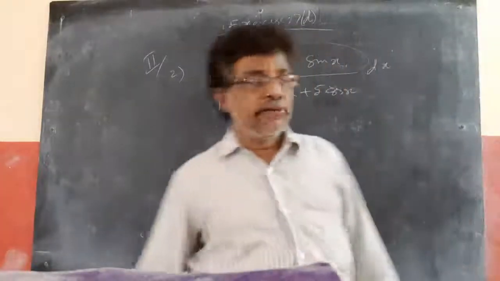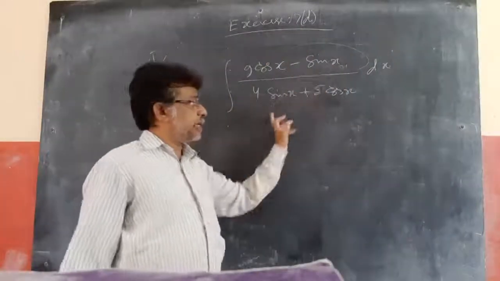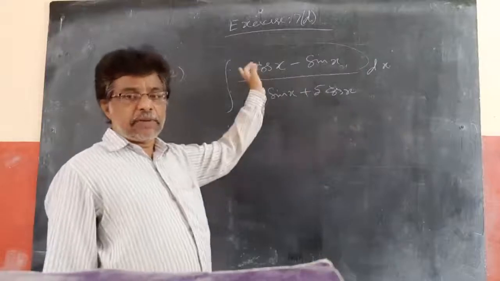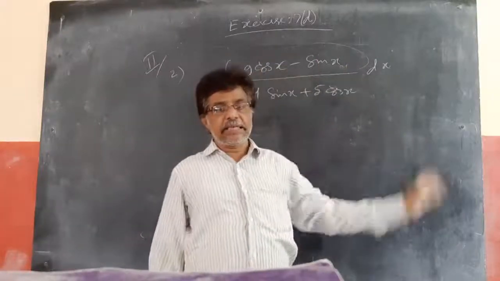Very simple. If you observe, numerator and denominator are in terms of sin and cos. This is in the form of a cos x plus b sin x by c cos x plus d sin x.